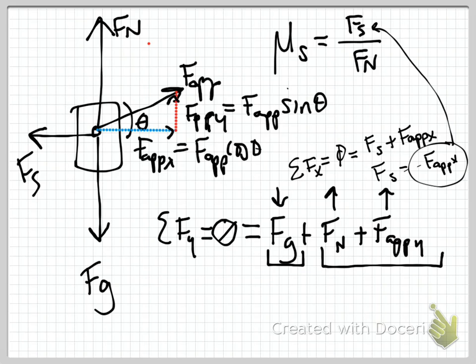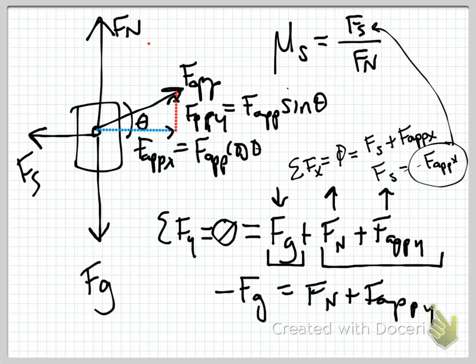But what I was finding to be the way that I made fewer mistakes doing this calculation was to first just set it up for myself mentally to say, okay, the negative of force of gravity has to equal the normal force plus the force applied y. Okay?